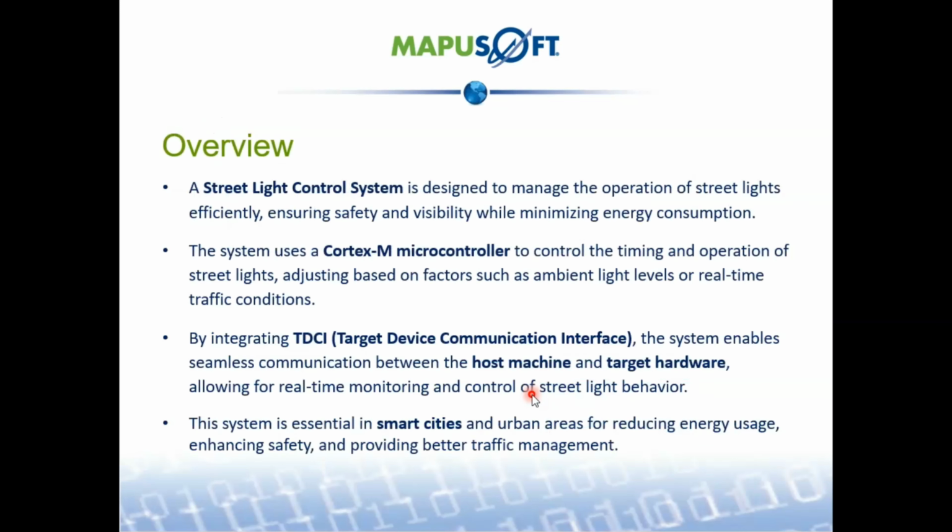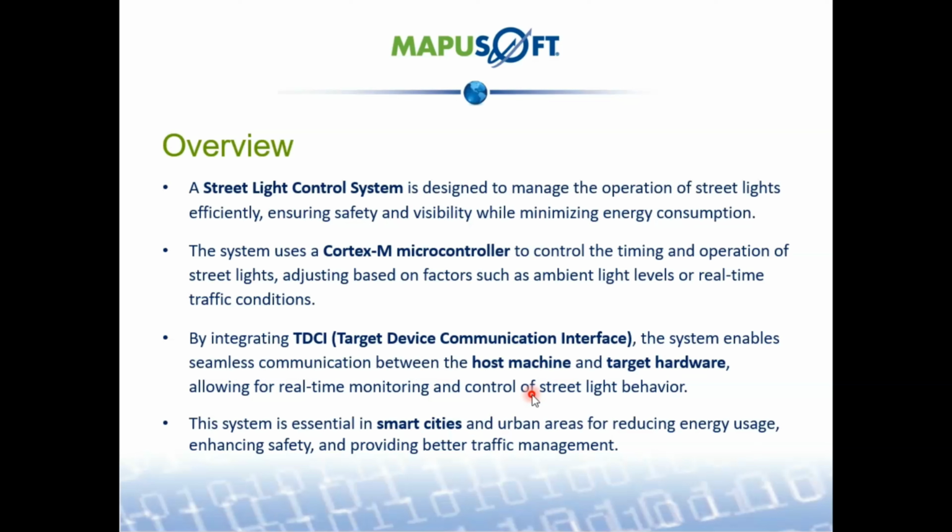Now let's see the overview of the project. In urban and rural areas, streetlights are essential for safety and visibility. However, managing their operation efficiently can reduce energy consumption. Our streetlight controller system leverages the power of the Cortex microcontroller to automate the lighting based on real-time traffic data.